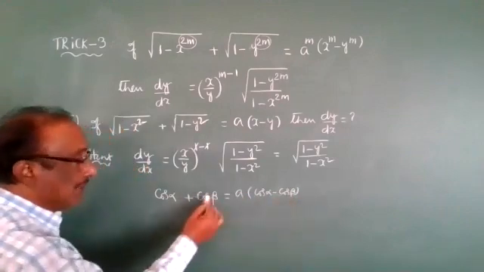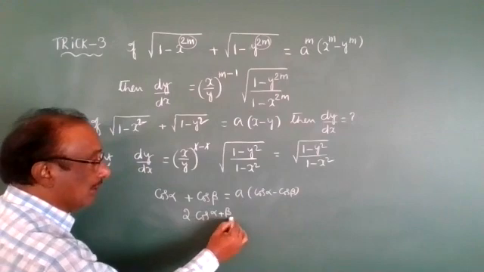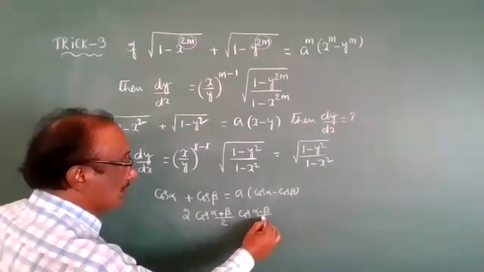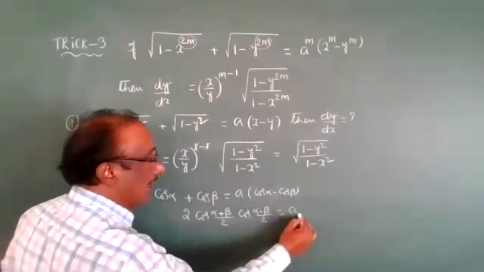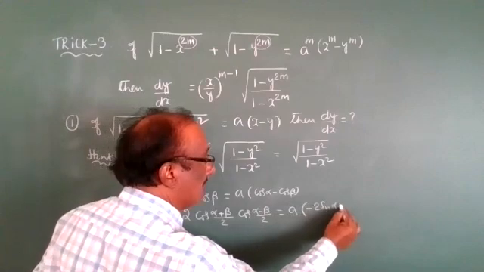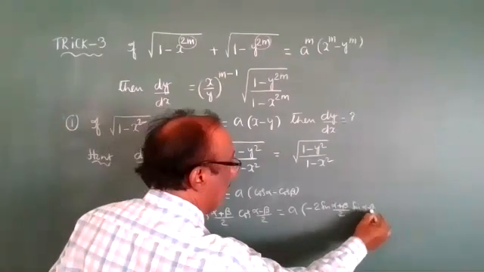Next, cos c minus cos d, using the cos c plus cos d type formula with c plus d by 2 and c minus d by 2, this is a into minus 2 sine (alpha plus beta) by 2 sine (alpha minus beta) by 2.